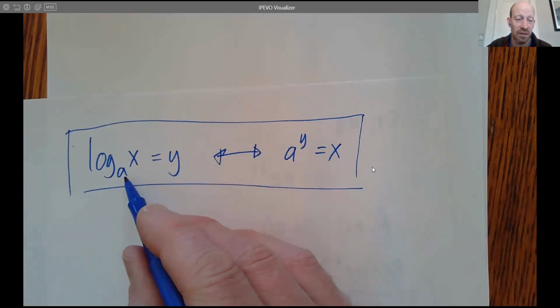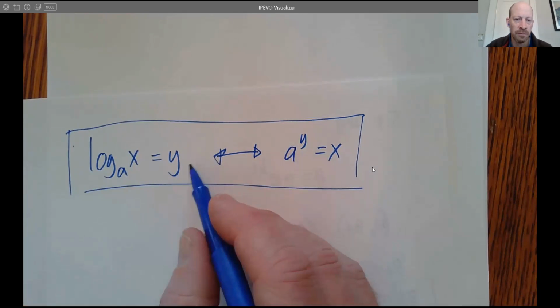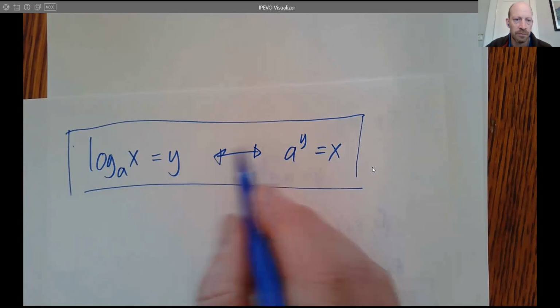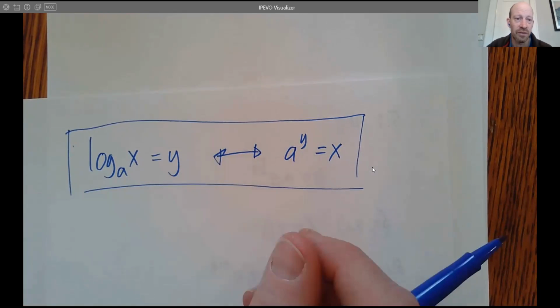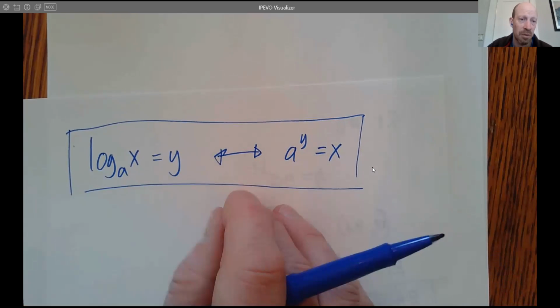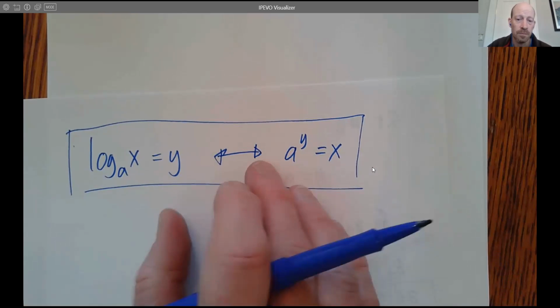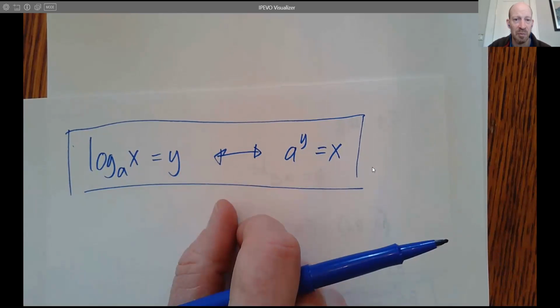The base of the logarithm is the same as the base of the exponential, and then you flip the locations of the y's and the x's. So whatever it takes, get your note sheet. This had better be on there, and that's going to get you through a fair number of the problems. So make sure to remember that.